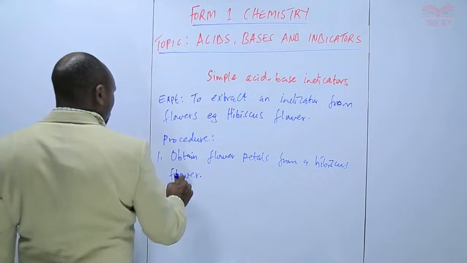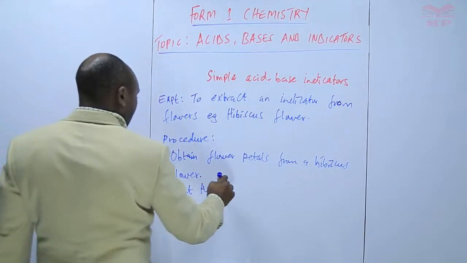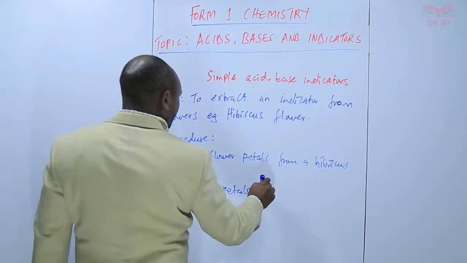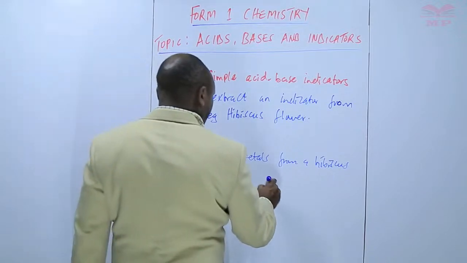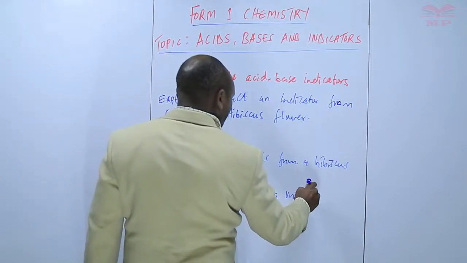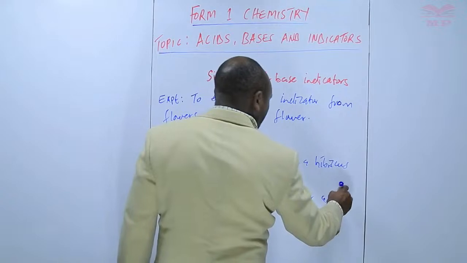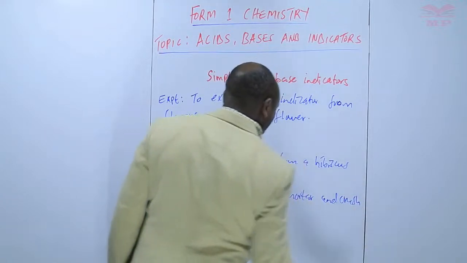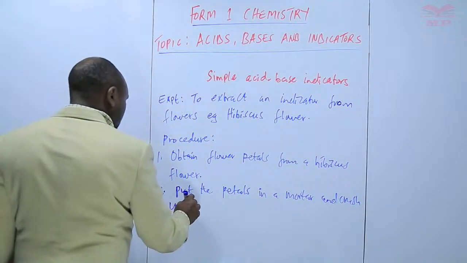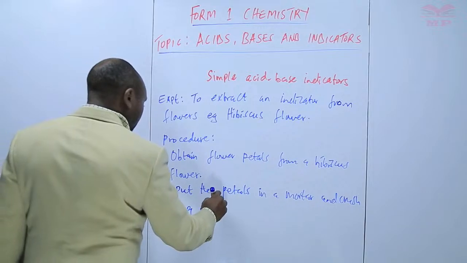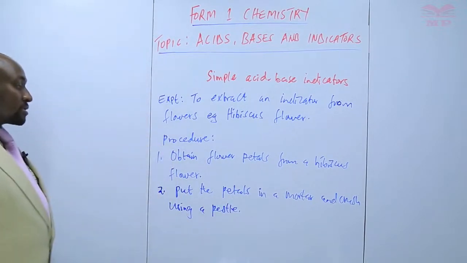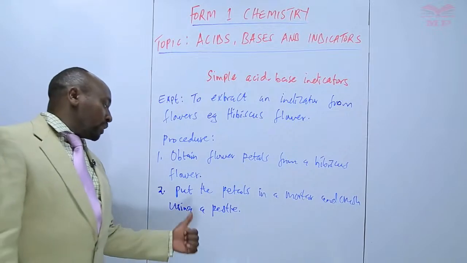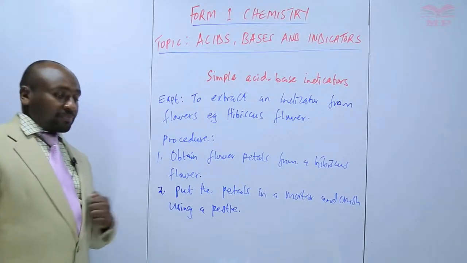Then step number 2, we put the petals in a mortar and crush using a pestle. So we get the flower petals, put them in a mortar, and then using a pestle, we crush them.